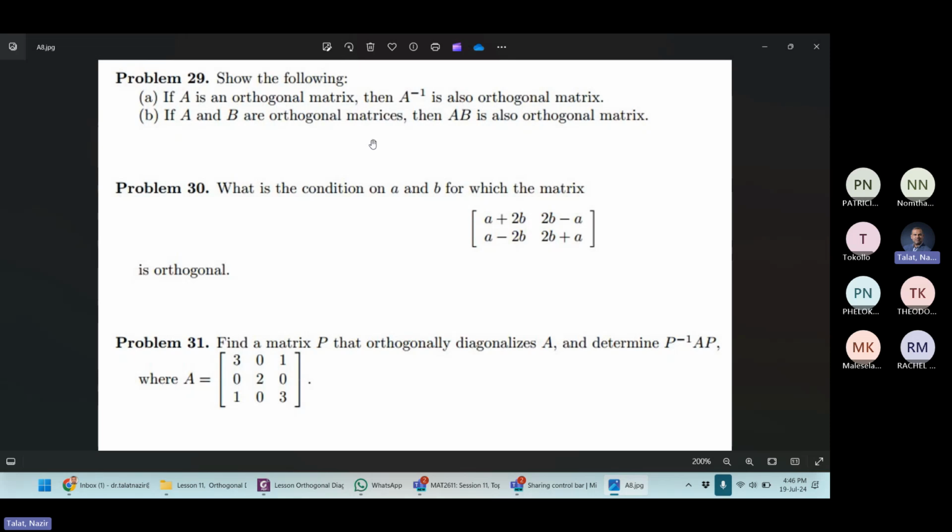For instance, if someone asks you to check whether a set is not a vector space, then you make one example and show that for those vectors it doesn't satisfy the conditions of a vector space. So to disprove something, you need to pick an example for which the result doesn't hold. But if you want to show that something is a vector space, then you need to prove in general that it satisfies all the conditions.